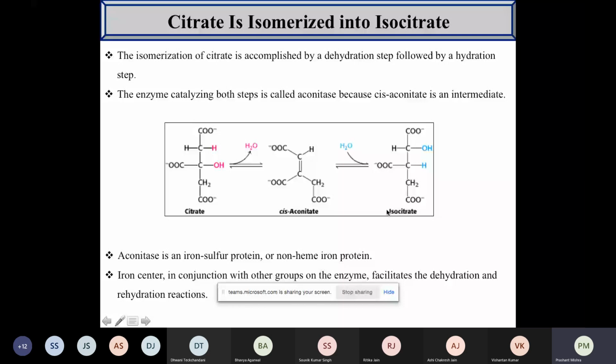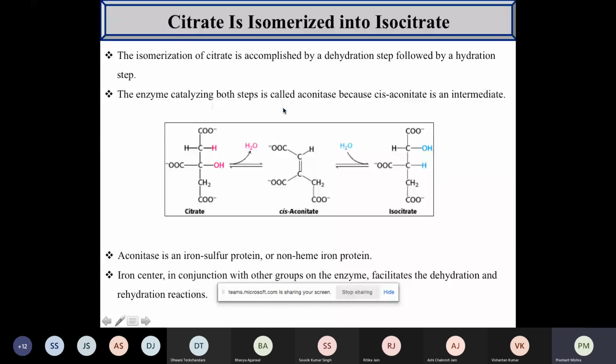So actually what happens is that it makes an intermediate which is cis-aconitate, and the enzyme responsible for conversion of citrate to isocitrate is an isomerase. So citrate to isocitrate is done by isomerization of citrate, which is followed by a hydration step.